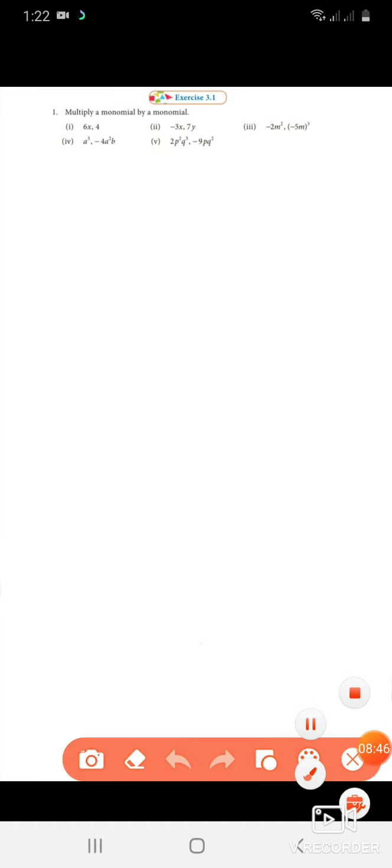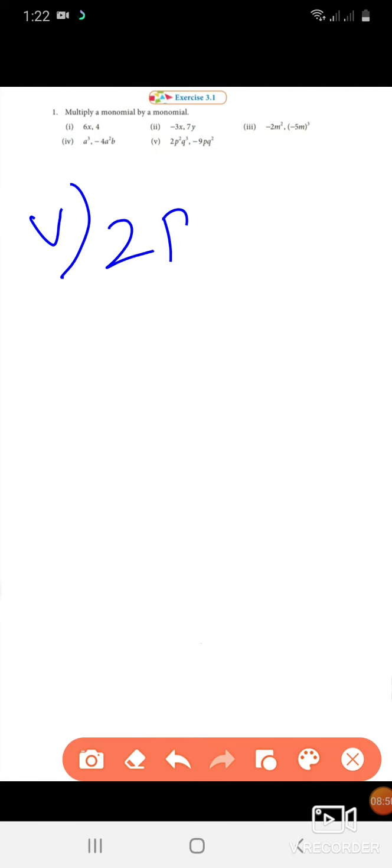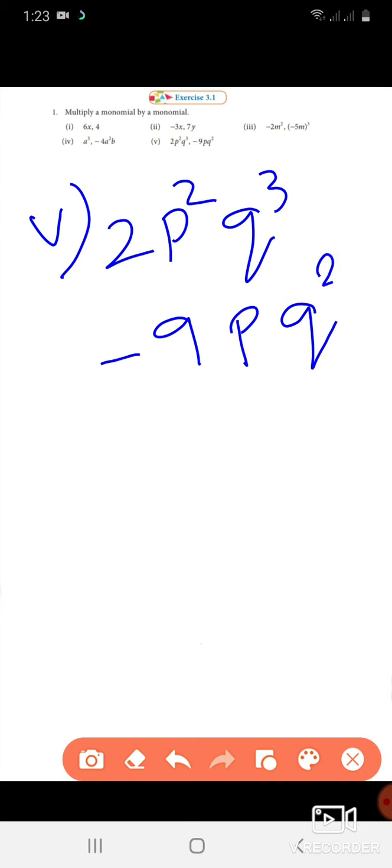Now I want to do one more problem, that is the fifth one. 2p square q cube, minus 9pq square. First check the sign, plus and minus, so we will get minus. 2 9s are 18.